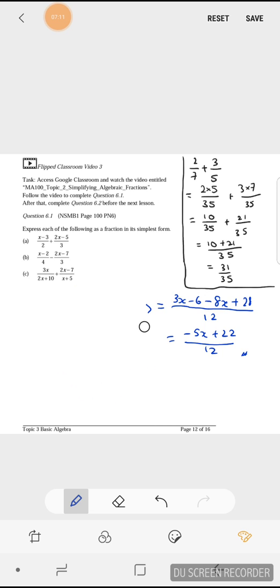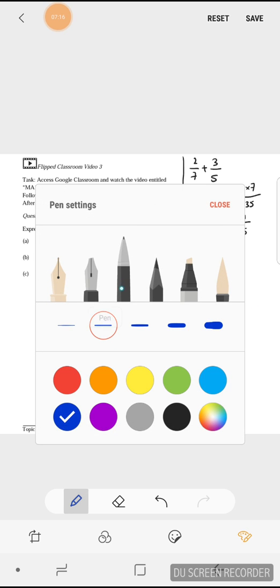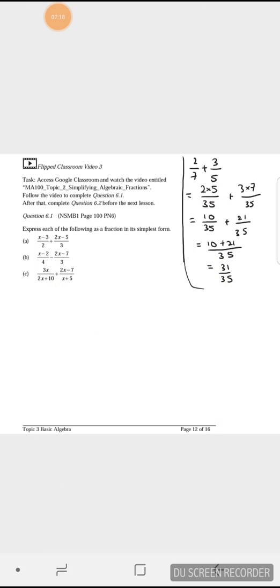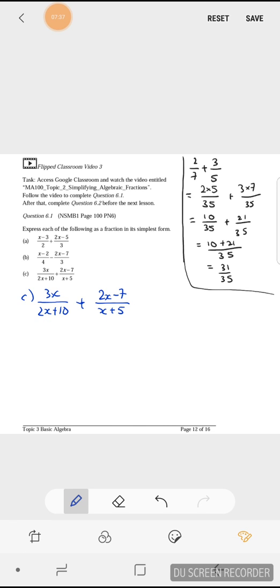Now in part C, we are given this over here: 3x over 2x plus 10 plus 2x minus 7 over x plus 5. Now, are you able to identify what is the denominator that you want?